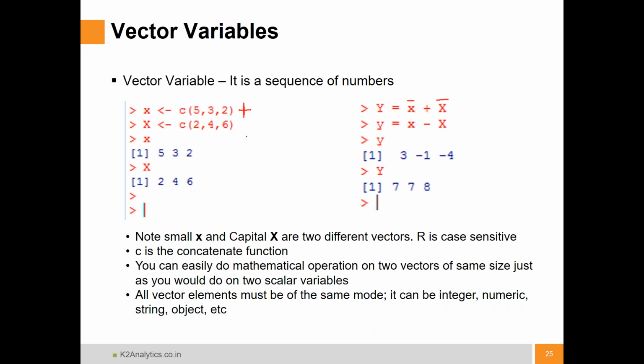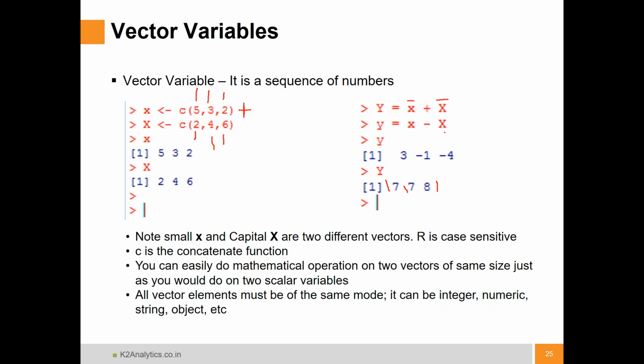Because X will add to X, Y will add to Y. Yeah, the first element of small x will add with the first element of capital X. So I'm talking about dimensions X, Y, Z. The vector will have 3 dimensions. So the first element of X will get added with the first element of capital X. The second element will get added with this. The third element will get added with this. And that's why you get 5 plus 2, 7, 4 plus 3, 7, 6 plus 2, 8.